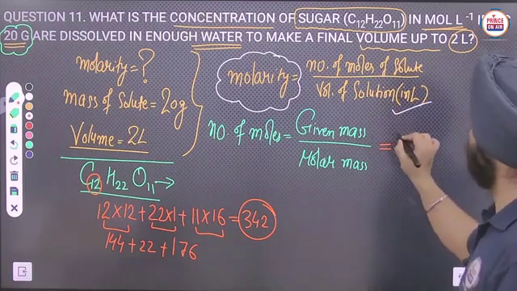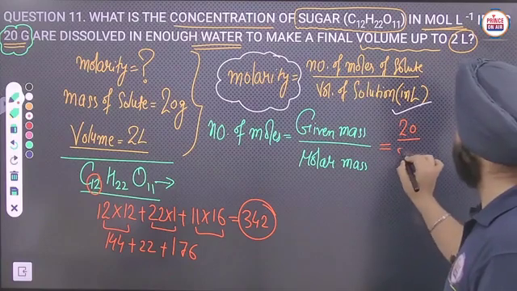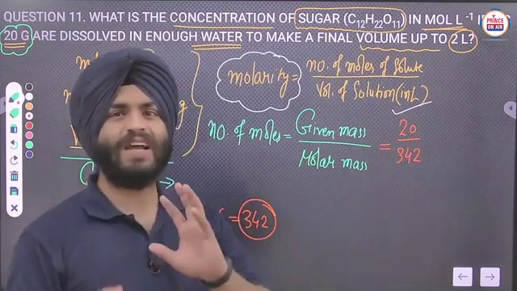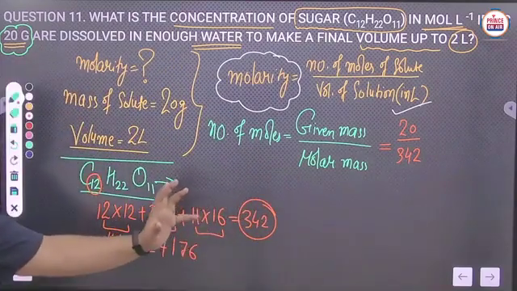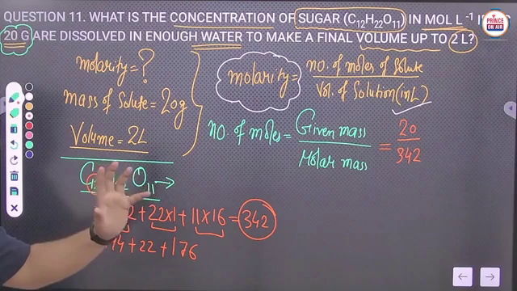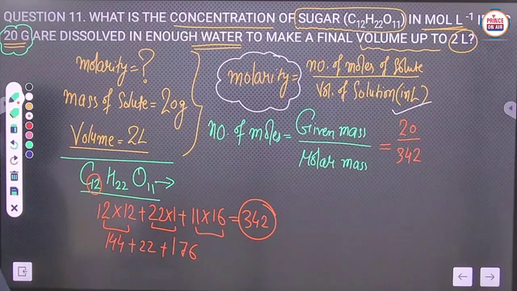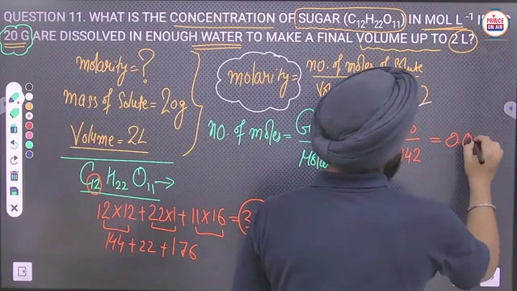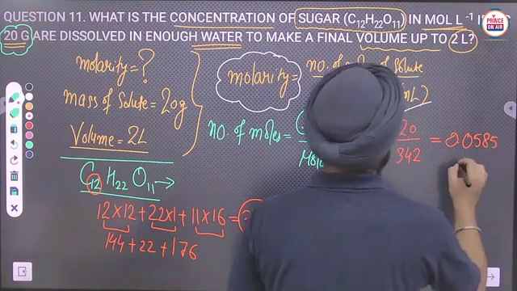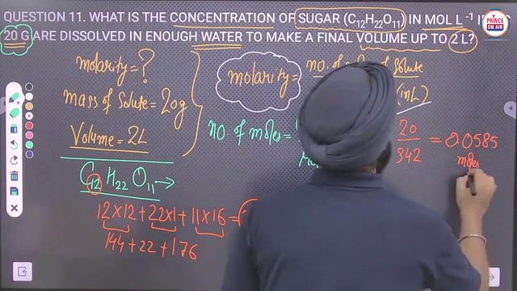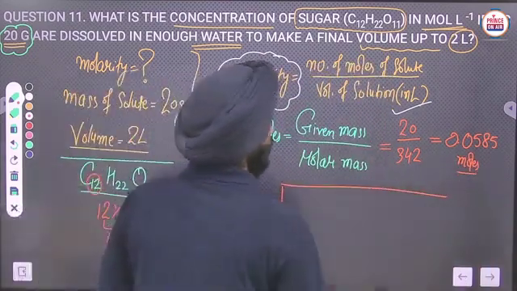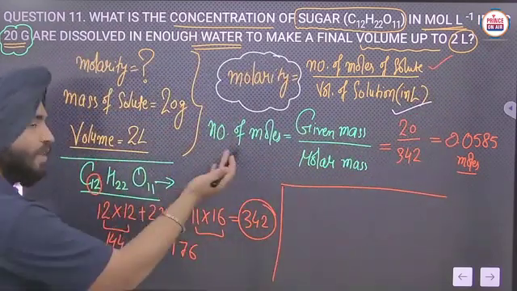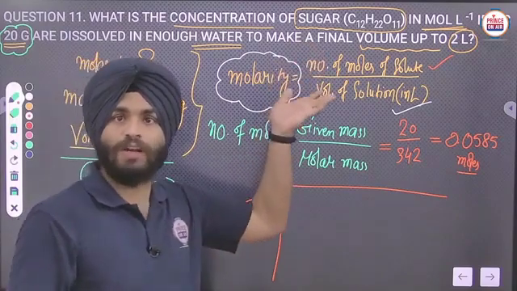Given mass is 20, molar mass is 342. Now if you solve 20 upon 342, you will get 0.0585. That is the number of moles. Volume is given to you, so just put the values into this formula and you will get the result.